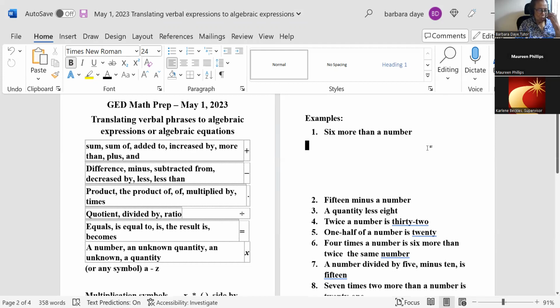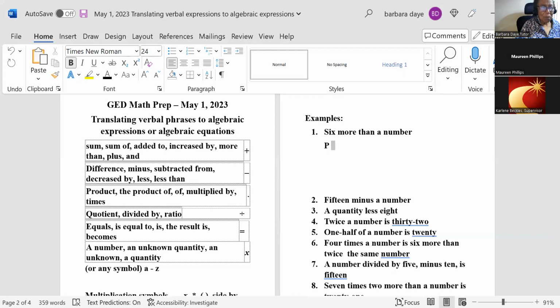Now, what do you want to use to represent the number? What variable? P. Okay, so tell me what to write. P. What should I write there? P is more than... No, more than is what symbol?